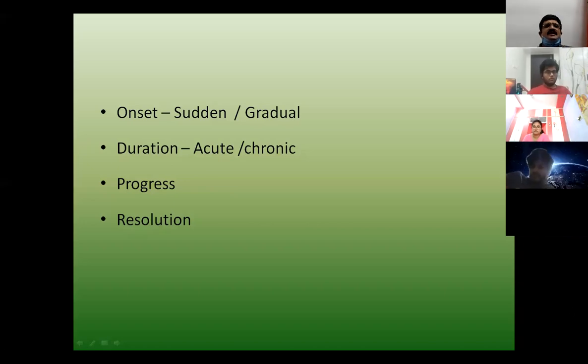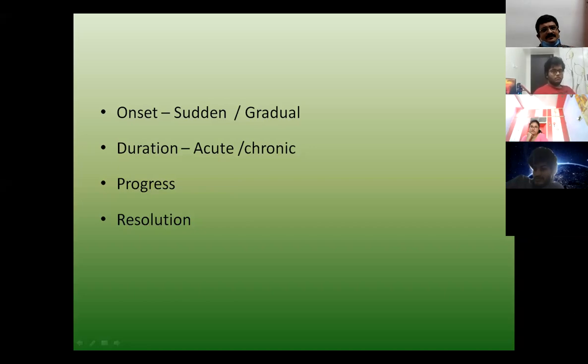Suppose the disease condition is acute, then you are supposed to suspect that the clinical symptoms have originated over a period of less than 1 week, or immediately to 1 week. Then you can say that the patient has got an acute symptomatology. Suppose the patient has crossed 1 week and up to a period of 6 weeks, you are supposed to say that the patient is in a subacute phase.